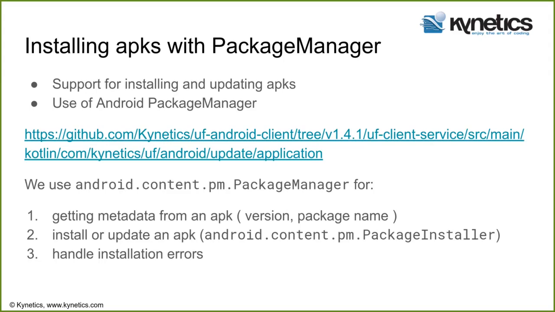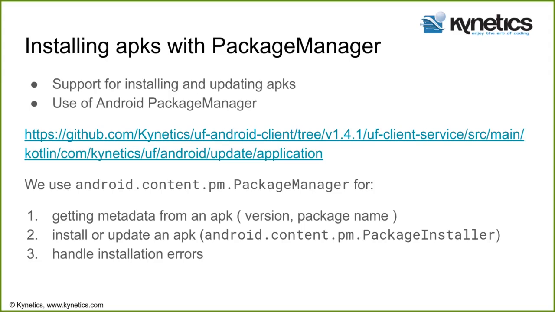We use those APIs to install or update an APK, of course, but we also use them to handle installation errors. So we are getting feedback from the package manager regarding whether the update was successful or if any error occurred.